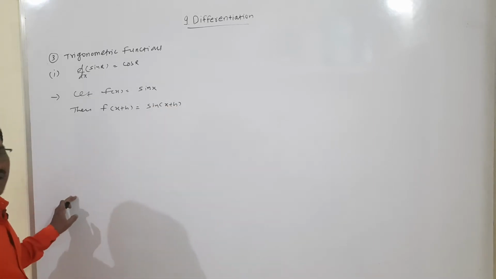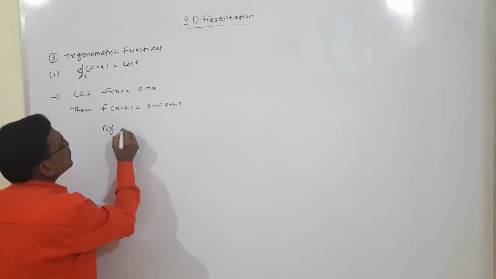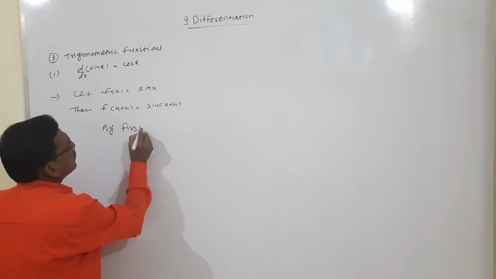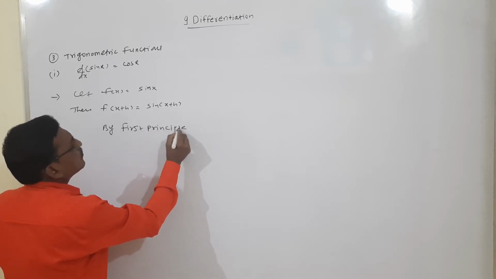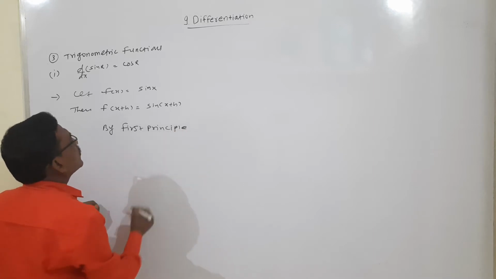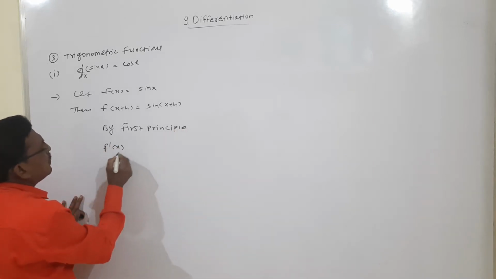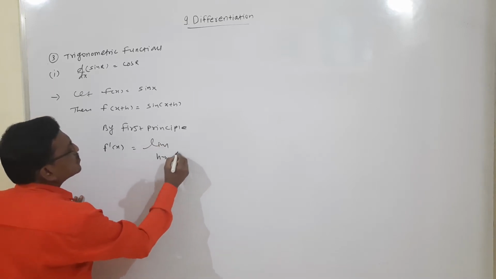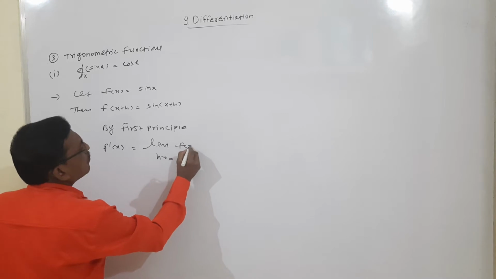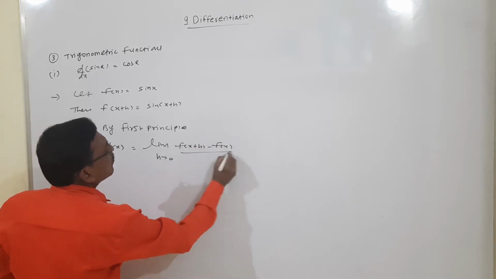Now by the first principle method, derivative f dash x equals limit as h tends to 0 of f of x plus h minus f of x upon h.